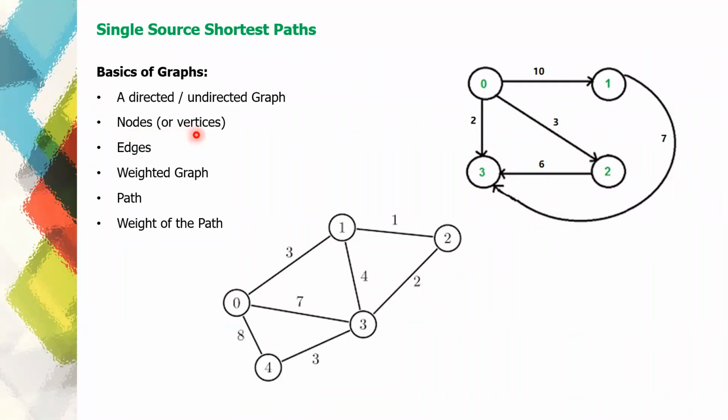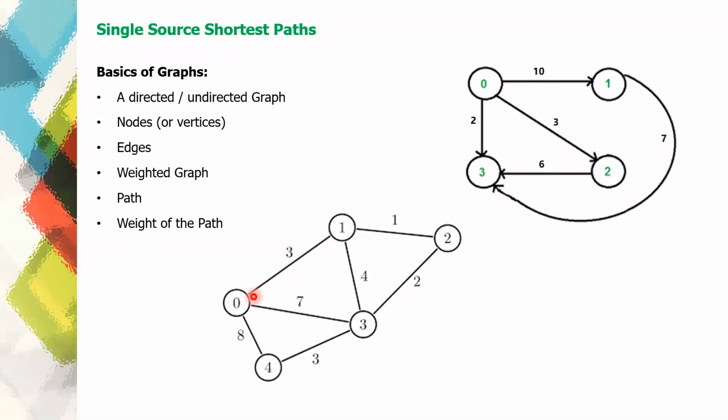We can also call them vertices, and these are represented using circles. In this given graph, there are 4 nodes termed node 0, node 1, node 2, and node 3. And in this graph, there are 5 nodes named node 0, node 1, node 2, node 3, and node 4.